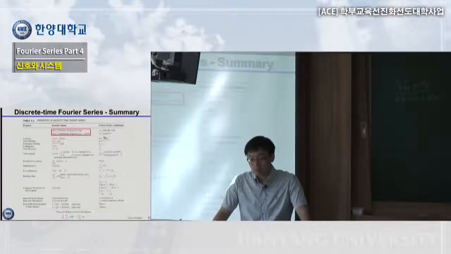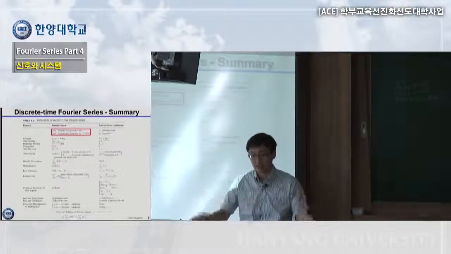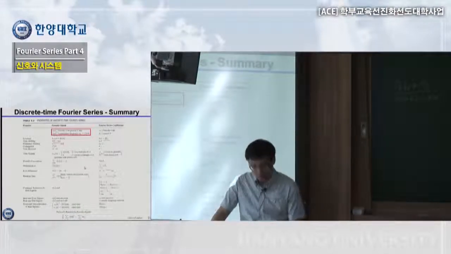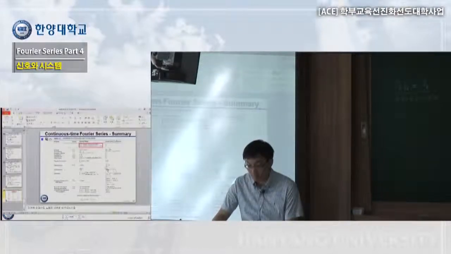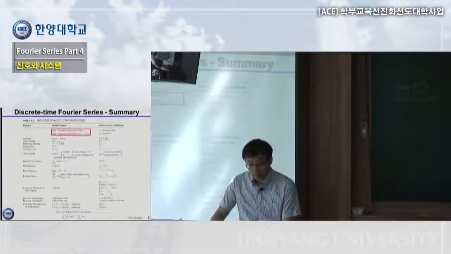Because of this periodic coefficient, we are not adding from minus infinity to infinity, but adding over one period, which is length of N. Because of that, the multiplication, which in continuous time looks like a minus infinity to infinity addition, becomes a sum over a period of length N in discrete time.